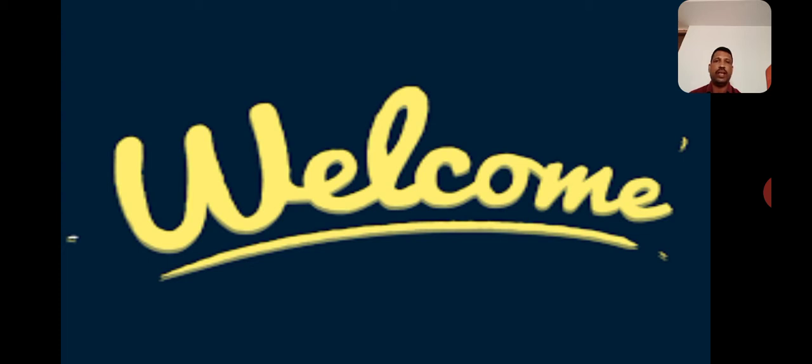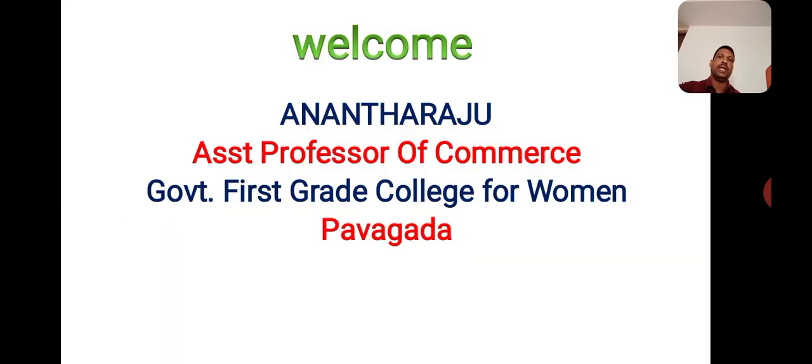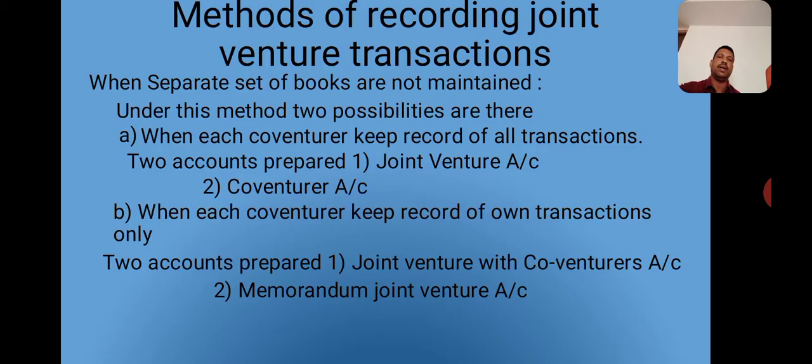In that method again two possibilities are there: when each co-venturer keeps record of all transactions, and when each co-venturer keeps record of his own transactions only. With regard to the first, we have already solved two problems. In this session, let us solve the other method, when each co-venturer keeps record of his own transactions only. So let us have a glance at the problem.